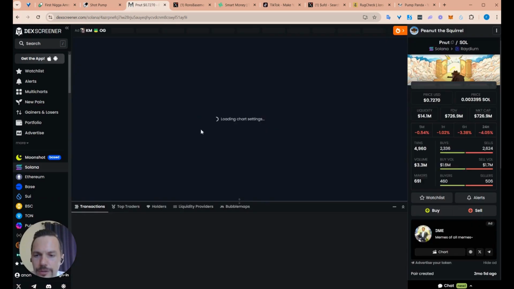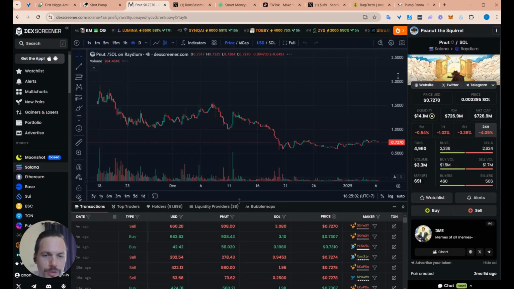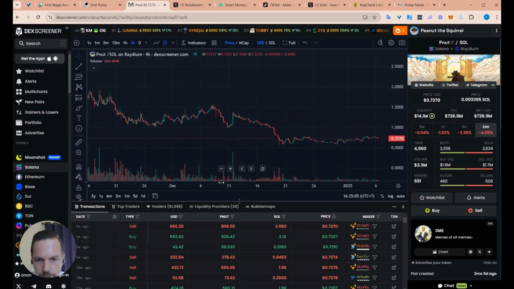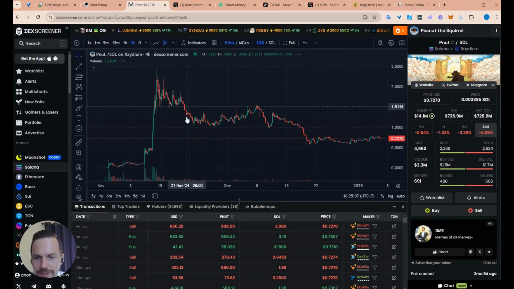Peanut, the scribble. Also a meme coin. There is a whole story about this coin. You can find the story online to get into Peanut, the scribble. Here, for example, there's a Telegram channel, so I'll click on that, continue to Telegram.